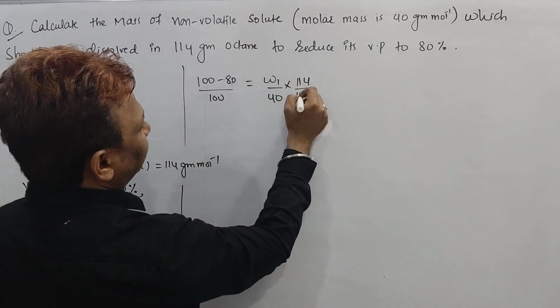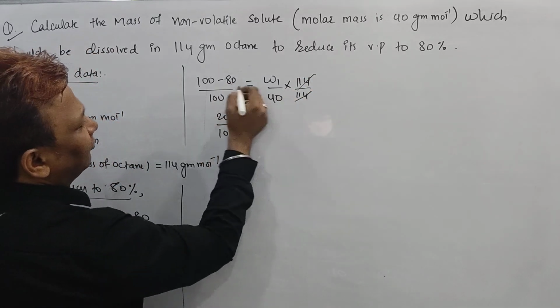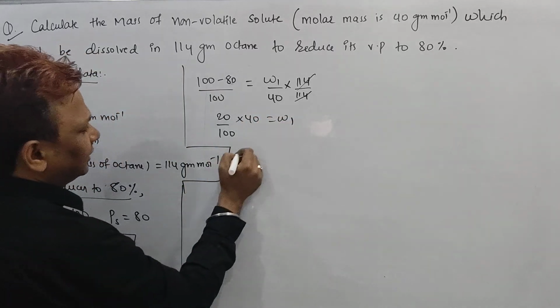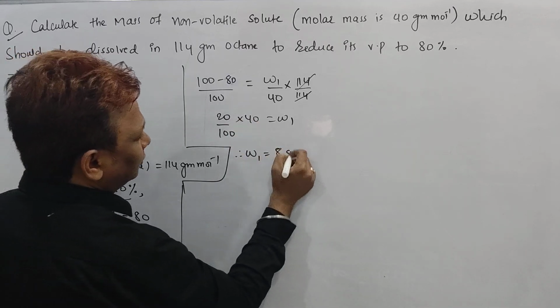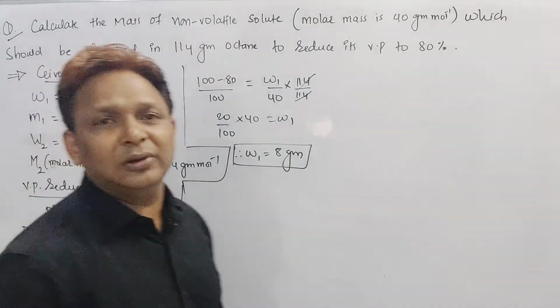The 114 by 114 gets cancelled. It is 20 by 100, 40 goes here, equals W1. Zero gets cancelled, 4 into 2, so 8 gram is the weight of the non-volatile solute.